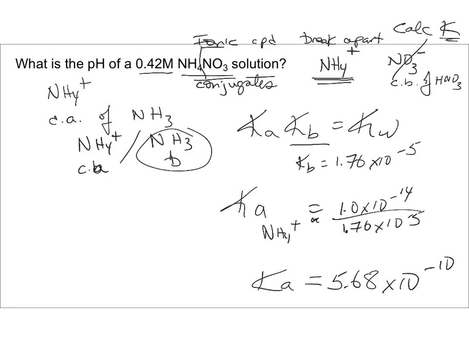So what do we have? We have a weak acid. We have a K value, which means that we're going to need an ice chart, and we're going to need an X, and we're going to solve for something. So with that in mind, we know that NH4+ is an acid. All of our reactions are still hydrolysis reactions. So this is going to react with water. It is going to make ammonia.